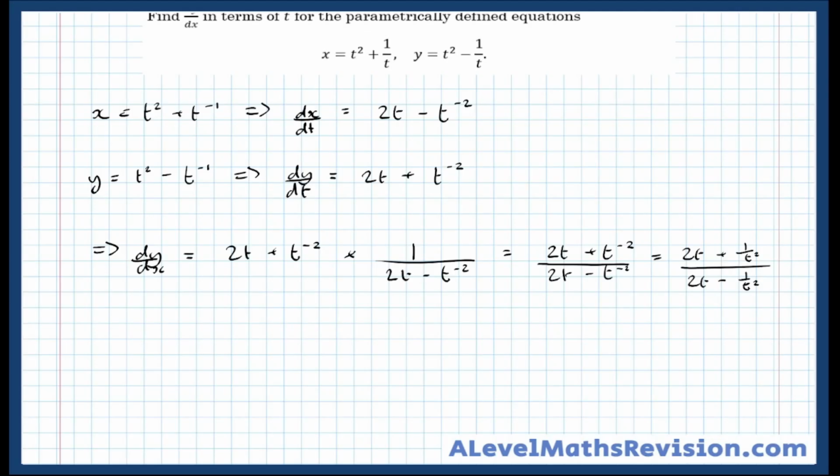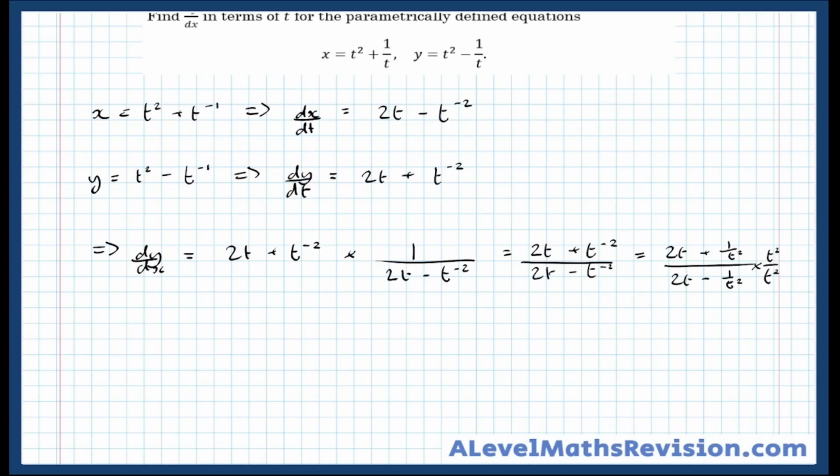So what we're going to do, we're going to do something quite clever here. We're going to times by 1 in a really clever way to eliminate the fractions over fractions. So we want rid of that 1 over t squared. If we times by something over itself, that something being t squared, we're multiplying by 1, we're not changing the value of that fraction.